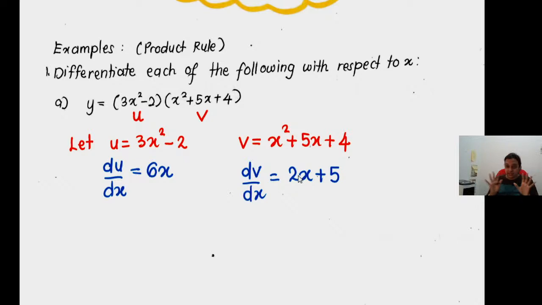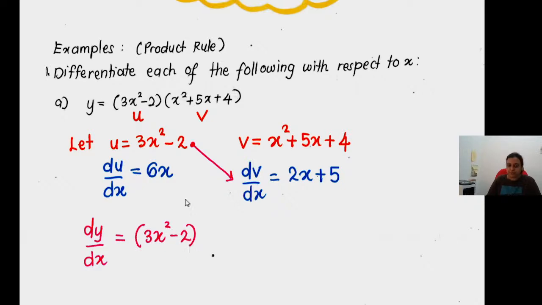Once you settle this already, this is how you do it. If you don't memorize it, it's okay. You see the way teacher applies it: copy the u times dv dx. You see the arrow going down. Copy the u first, 3x squared minus 2, times dv dx, so I copy 2x plus 5.